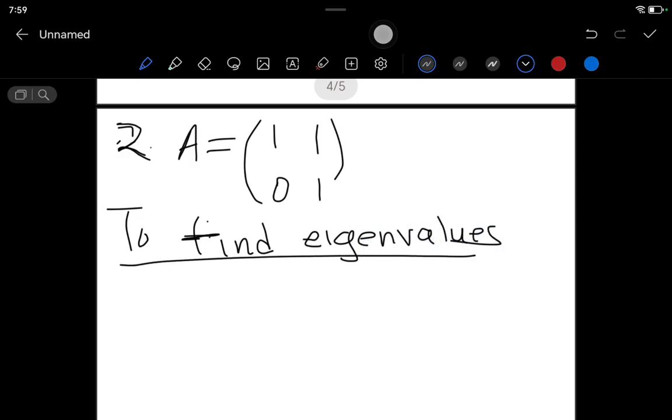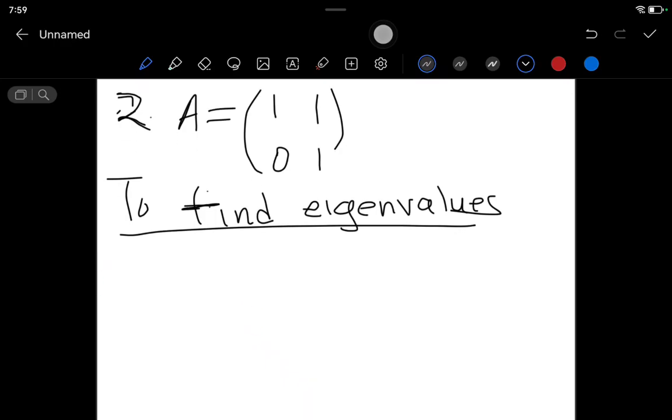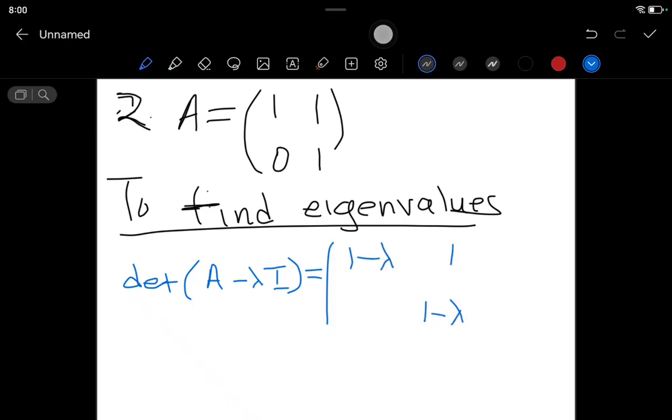Remember, for us to find eigenvalues, I'm going to skip all the other steps I was using. You can easily start here: the determinant of A minus lambda I. You just come to the diagonal entries and subtract lambda.